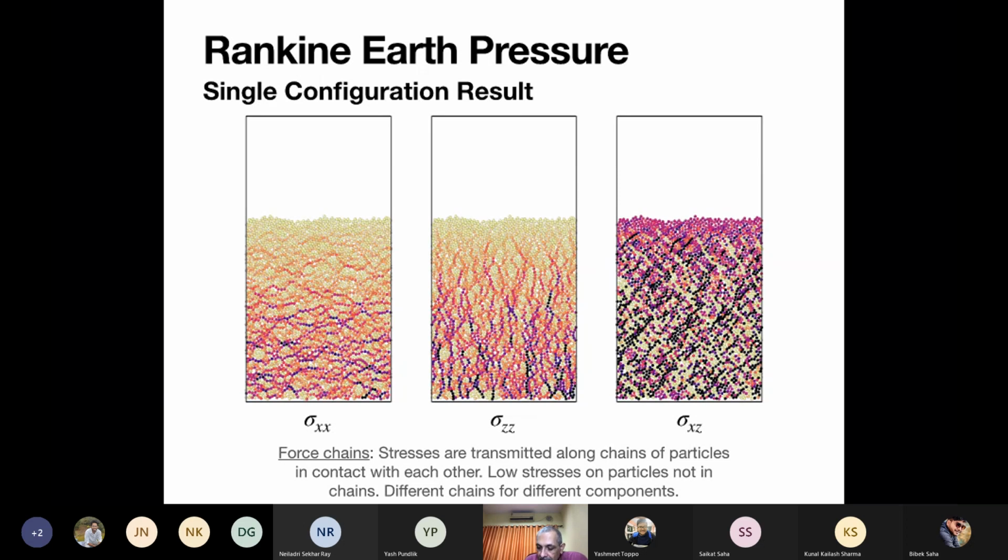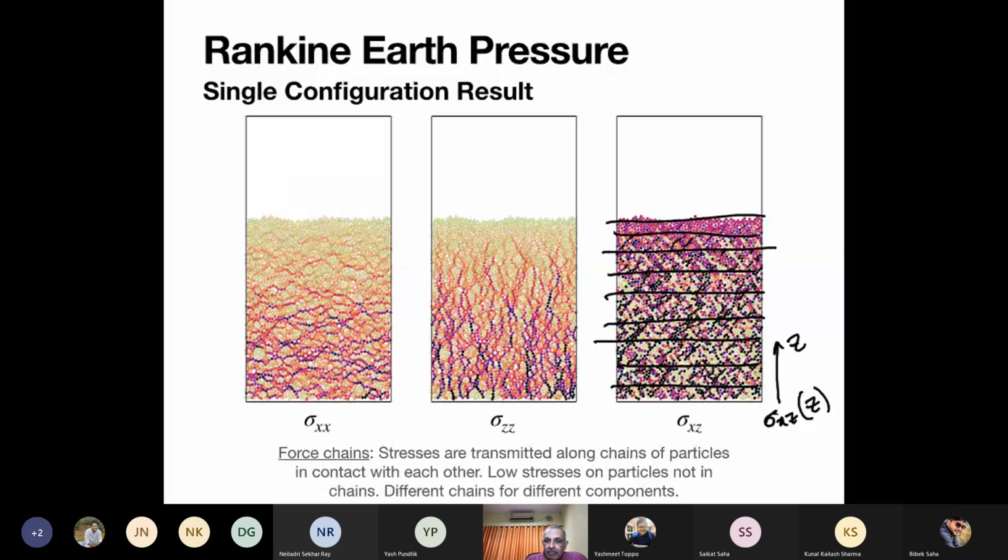Then we bin all the particles, make horizontal bins, divide it into equal size bins, and calculate the stress in each bin. Hence we can get, for example, sigma xz as a function of z, where z is this distance.